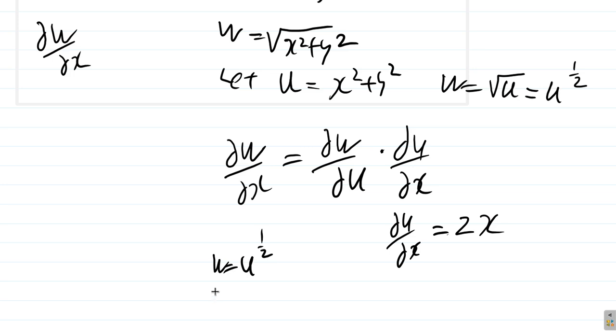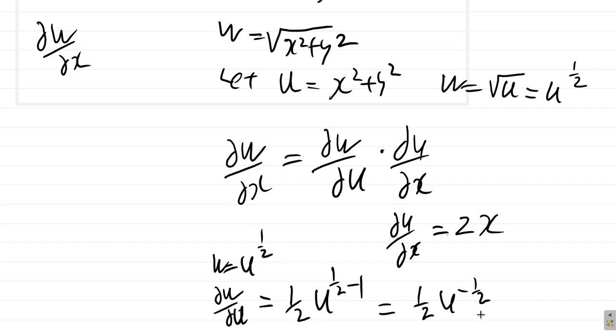Now what is partial w, the derivative of w with respect to u? In this case, remember you multiply by the power times u to the, and then you reduce the old power by 1 to get the new power. So you have half u to the negative half.